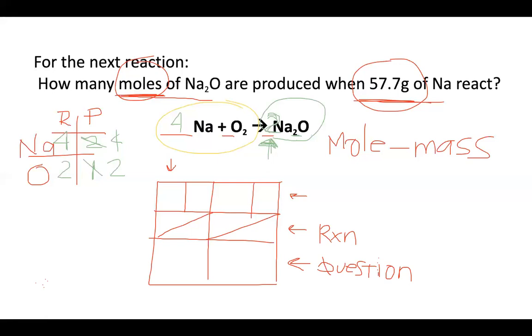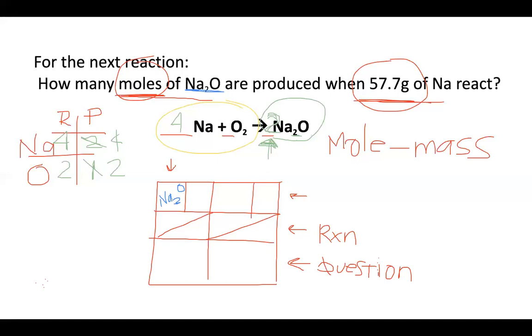So which is the first element or compound that appears in my question? If we look at the question, it says how many moles of sodium oxide? So I'm going to write here Na2O. Are produced when 57.7 grams of sodium react.